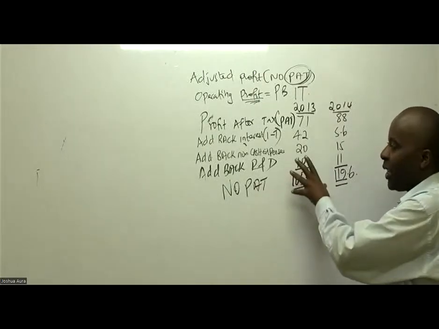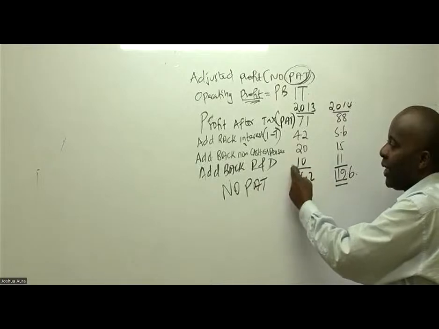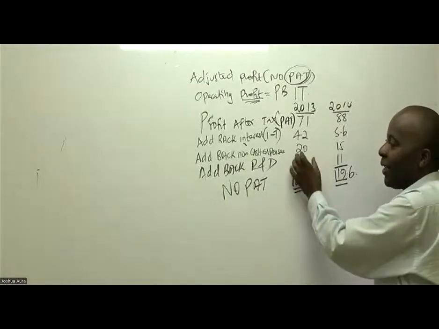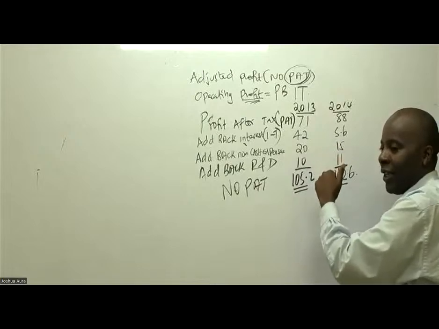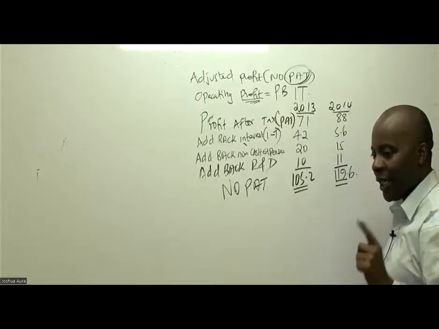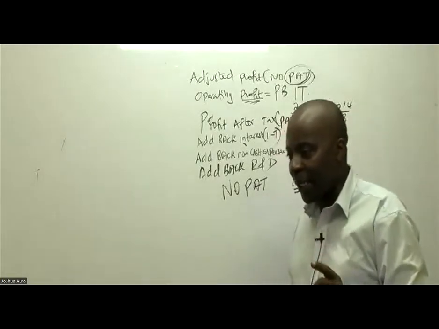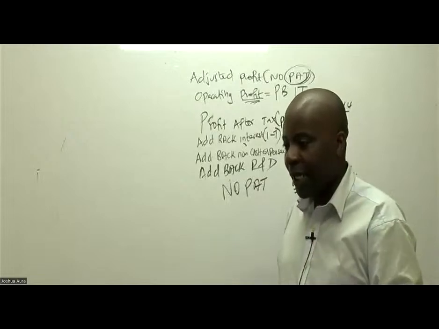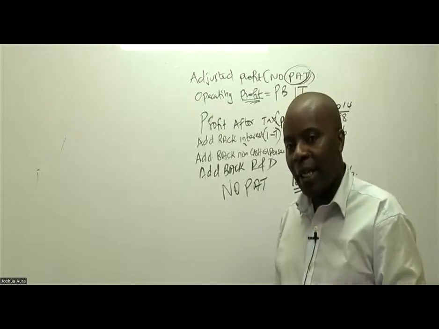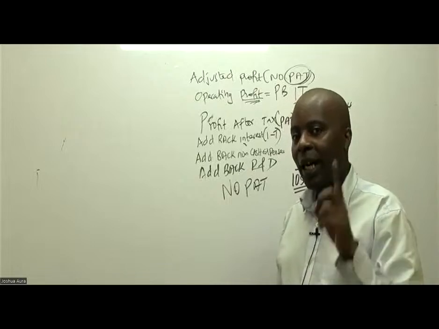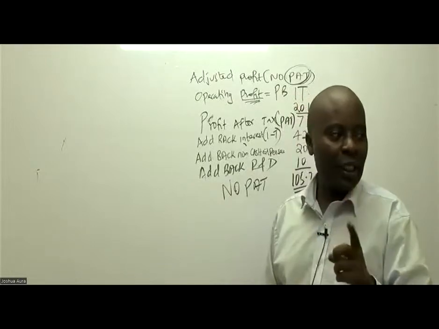Because I would have done almost the same adjustments. Like this research and development, I would have added back. Except interest, of course. But you see what this examiner has done: he has given us capital employed at the beginning of 2013.